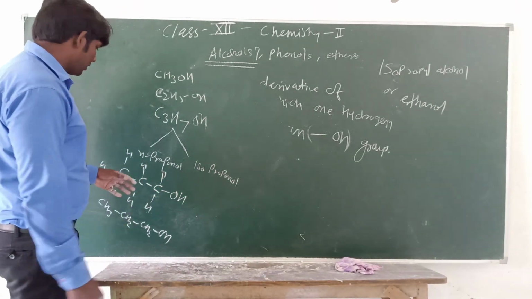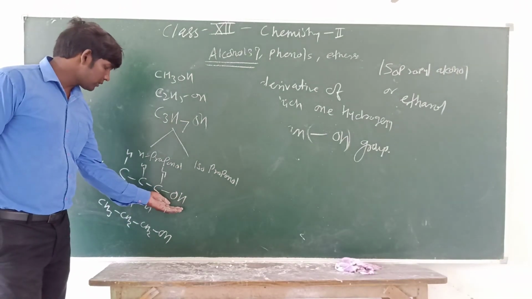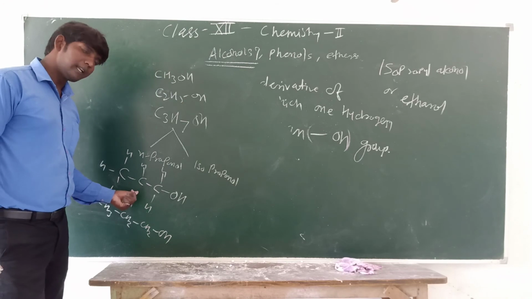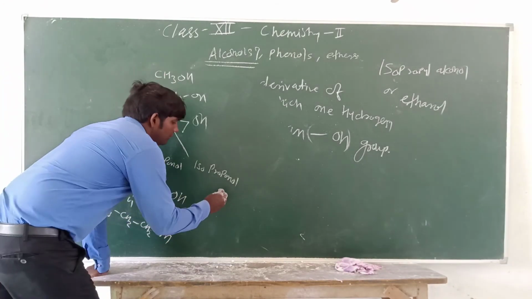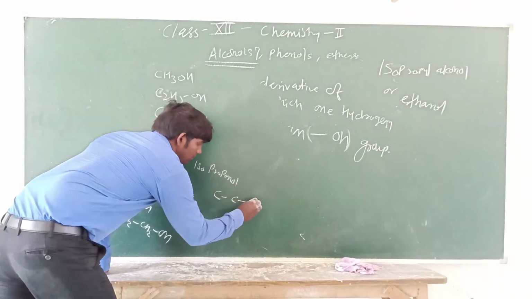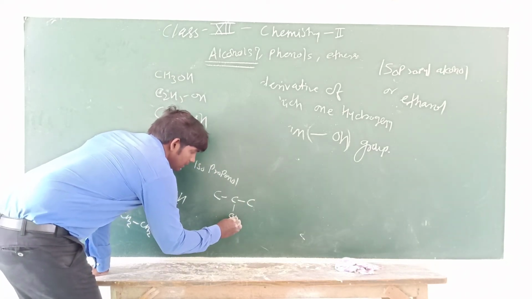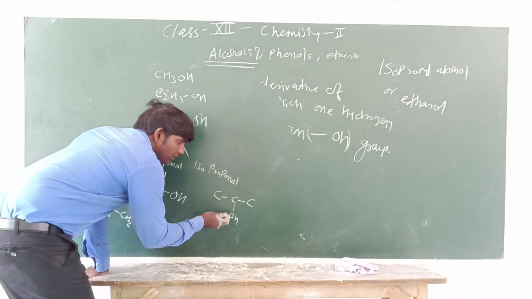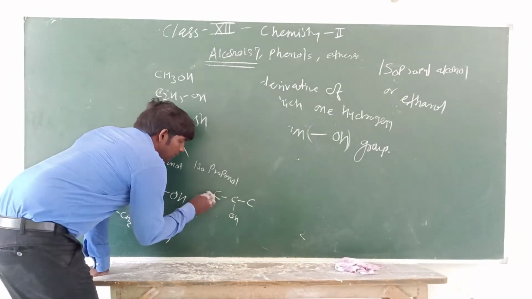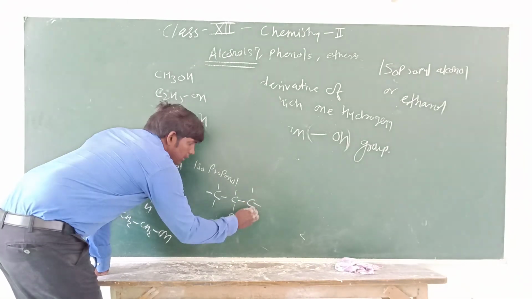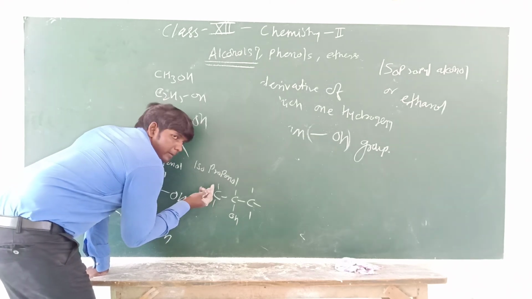We change the position of the hydroxyl group from the first carbon atom to the second carbon atom. Now we write 1, 2, 3, and attach the hydroxyl group on the second carbon, and now every carbon has 4 bonds because carbon generally makes 4 bonds.